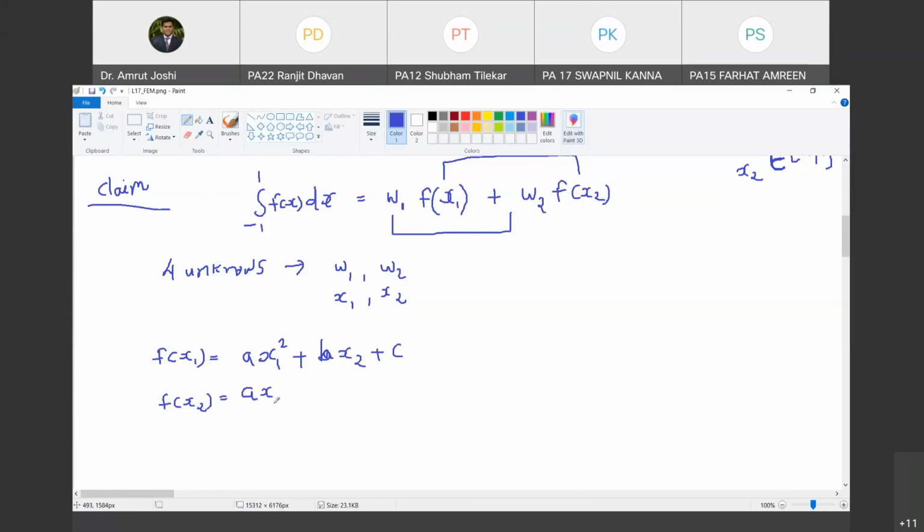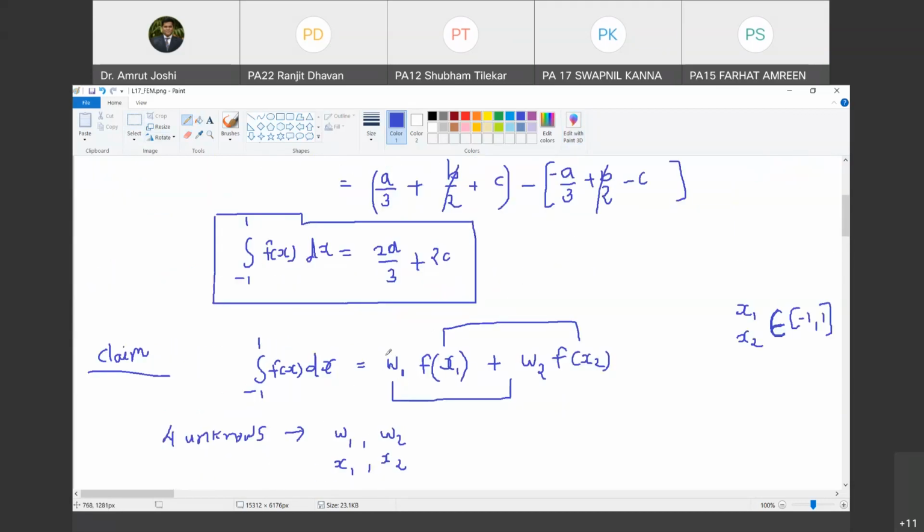A x2 square plus b x2 plus c. Sorry, in first case it should have been x1. Are you with me? Yes, sir.